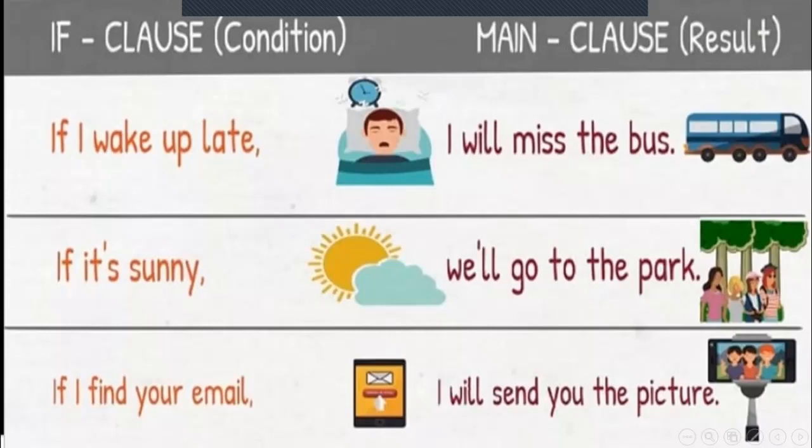Look at this example, my students. All of these sentences we call the if clause, okay? And all of these sentences we call the main clause or the result. Because we said before that we can use the first conditional when an action depends on another.